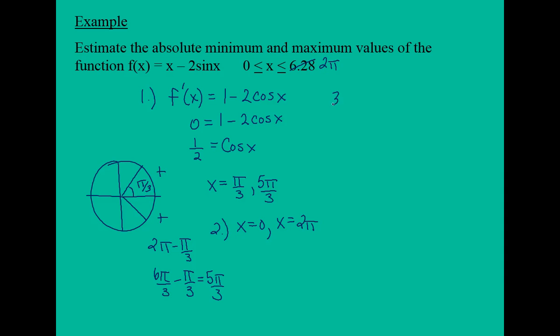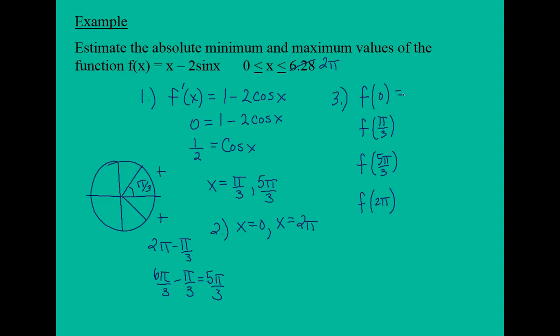Okay, step 3. We're going to plug these values, our critical numbers and our endpoints, back into our function. So if we try to put these in order, f of 2 pi.